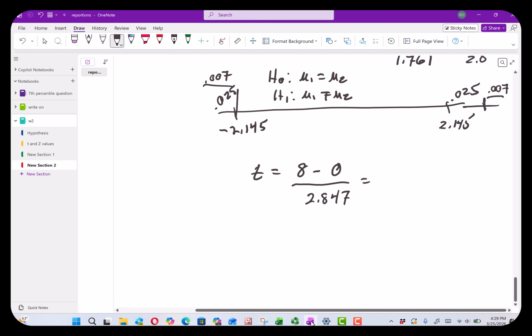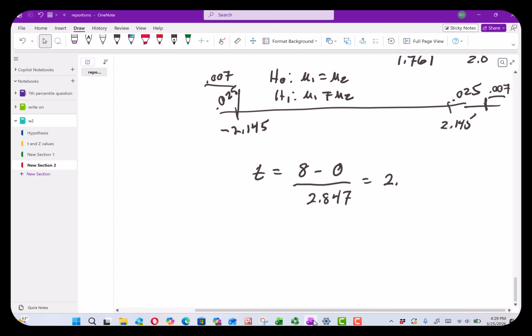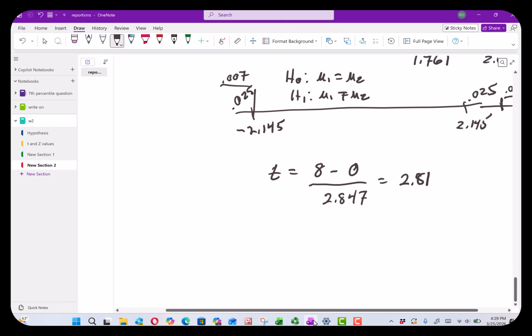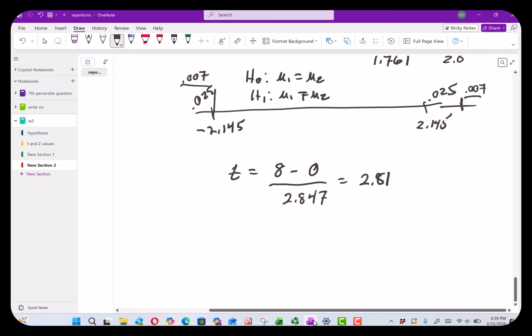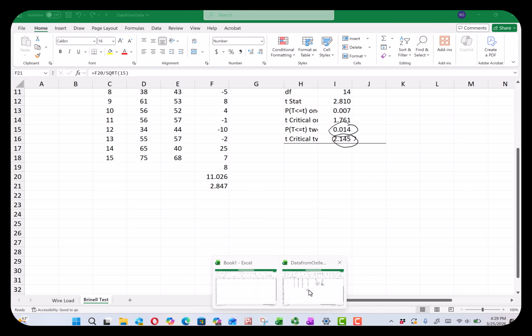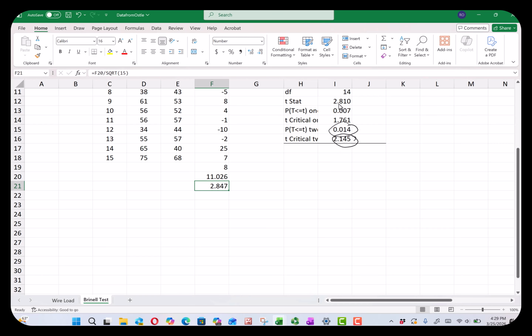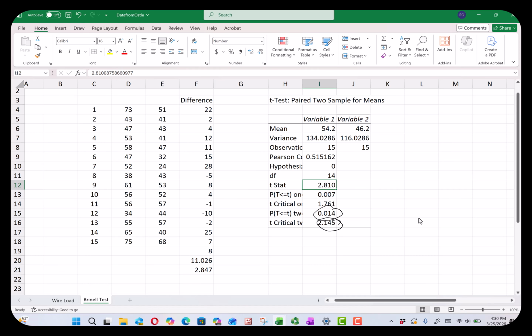So I'm going to find out how far 8 is from 0 measured in standard error. The result of that is 2.81. We are 2.8 standard errors above 0, and this is basically the same number that we get from the paired test that's automatic in the data analysis ToolPak.